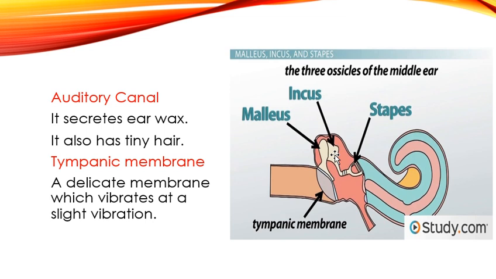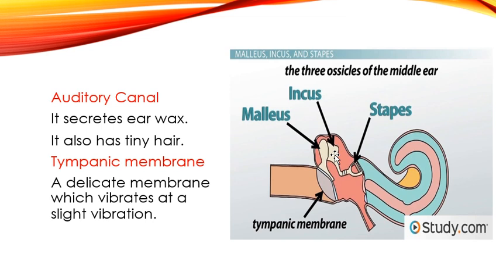Earwax keeps the auditory canal wet and soft. Apart from earwax, the auditory canal also contains tiny hairs, and dust particles stuck in these hairs can be removed easily. So the earwax keeps the ear fit and these thin hairs protect it.